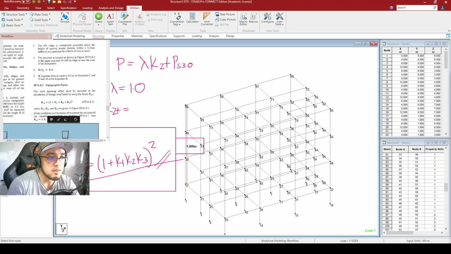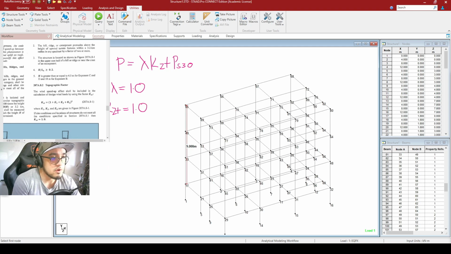And since there are no data given, so we don't have any data about our LH, RH, and whatsoever, we would be making use of KZT equal to 1.0. So from that, our KZT is to be equal to 1.0 also.